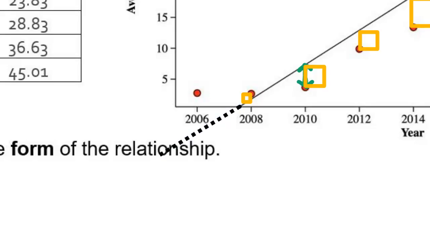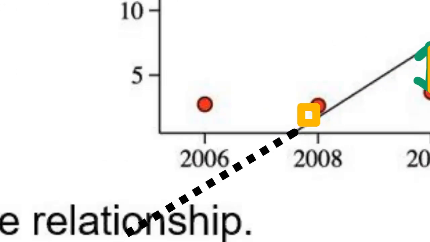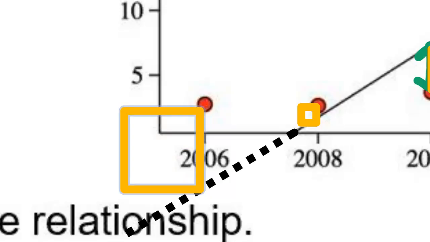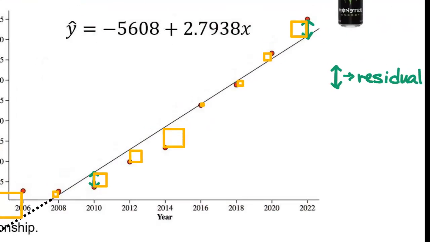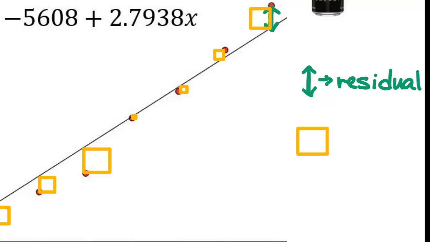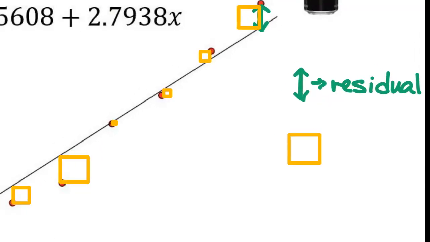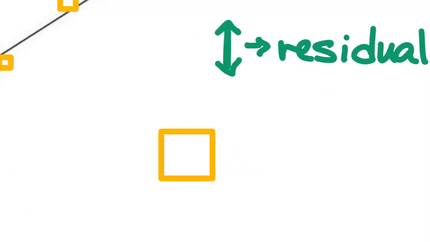Sum means to add everything all up. Let me actually get all this drawn in here. There we go. Now I can talk. We take the sum of all those squared residuals, and the line that has the smallest sum is our least squares regression line.